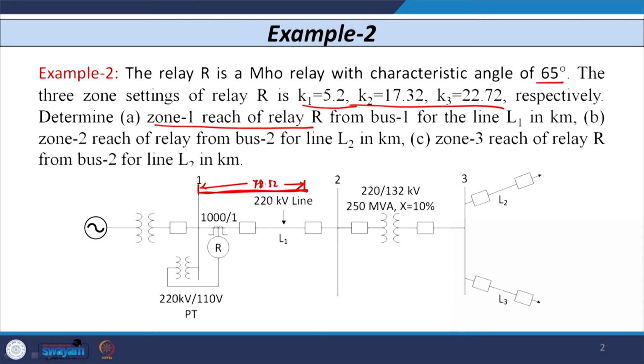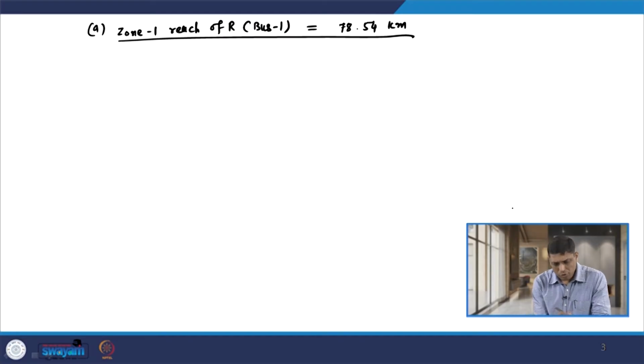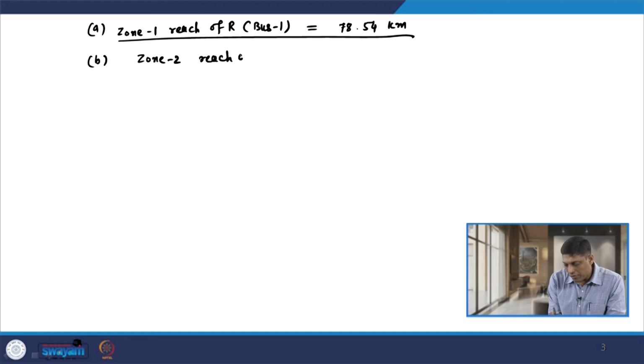Now let us consider the second part: what is the zone 2 reach of relay R from bus 2 for line L2. We need to find out the zone 2 reach of relay R from bus 2 or bus 3, both are the same because both buses are in the same substation.